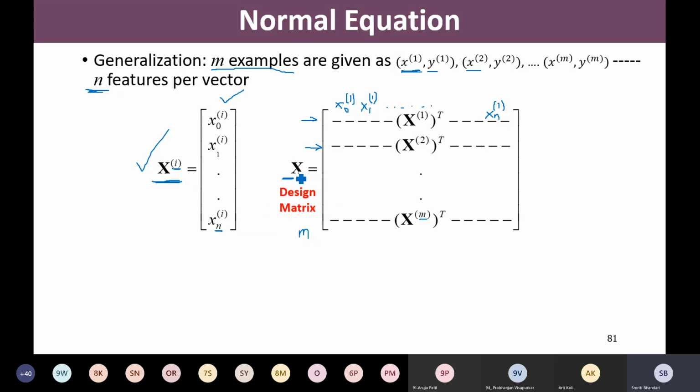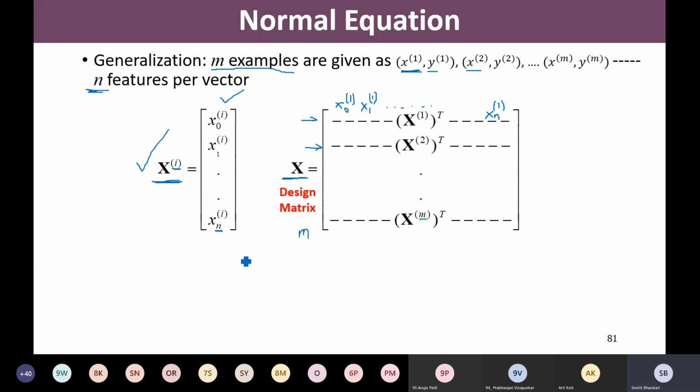So how am I going to form the design matrix? This design matrix X has a number of rows equal to the number of training examples. As we have m training examples, we will have m rows in my design matrix. How do we define one row?